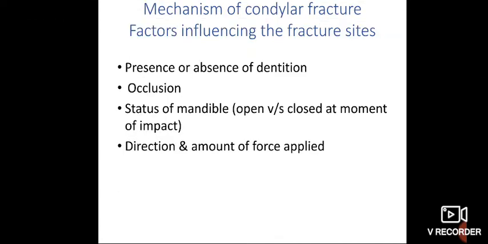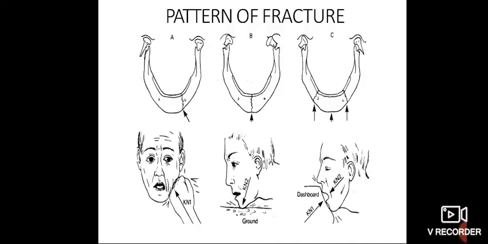Third thing, at the time of incident, whether the patient had closed his mouth or opened his mouth at the moment of impact. And the direction and the amount of force which is being applied. So these three or four are very important.